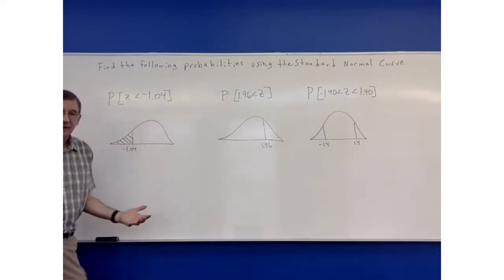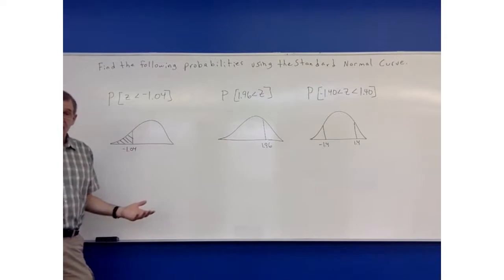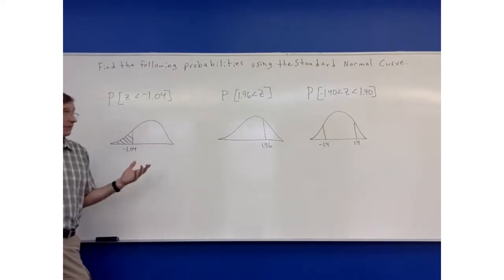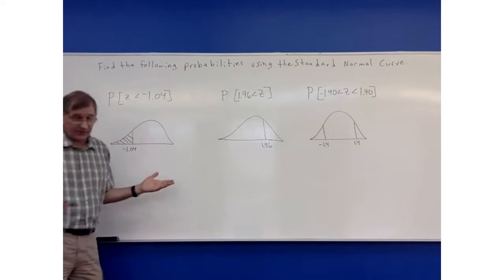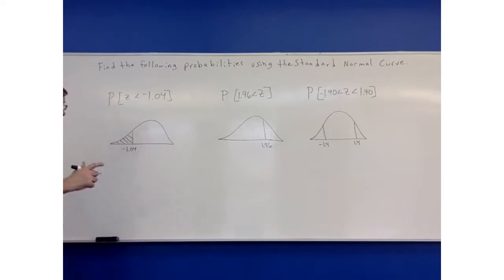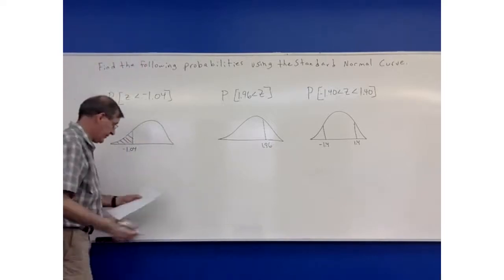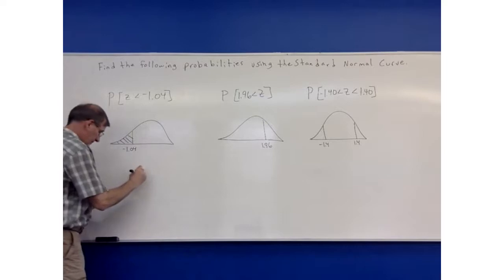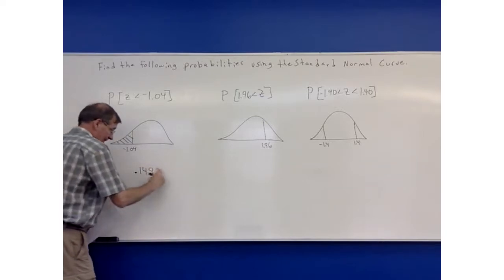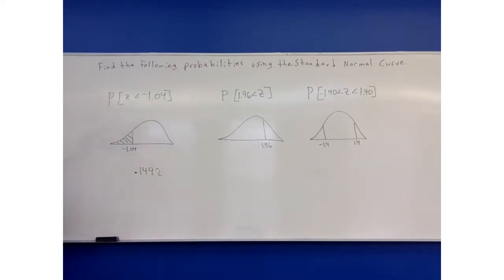This looks just like finding the area to the left, like we did in part 1 of the standard normal distribution. Now, if we look this up, and I have done that already, please do it yourself to verify I'm not putting a wrong number up. I found that area right there. Hopefully you find the same.